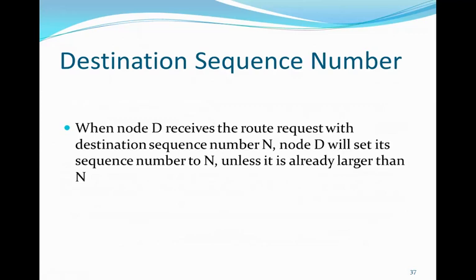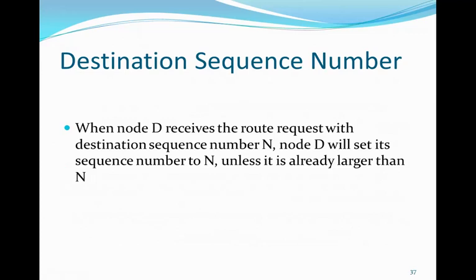Here you can have a look at the destination sequence number. When node D receives the route request with destination sequence number N, node D will set its sequence number to N unless it is already larger than N. So node D will forward it to the other nodes, and node D sets its destination sequence number higher, as the route error was.